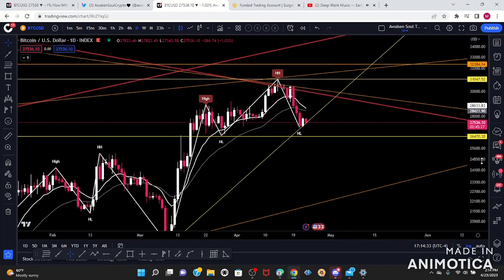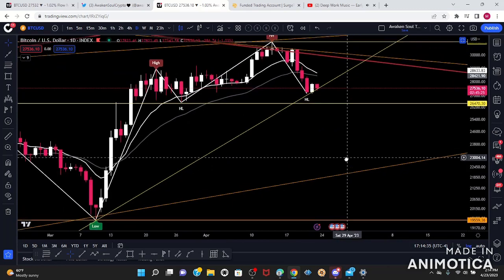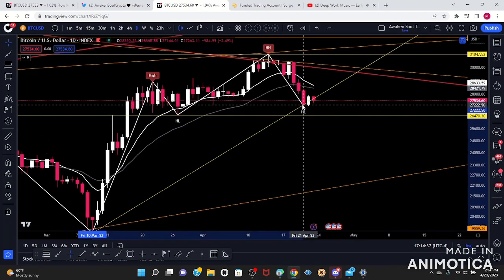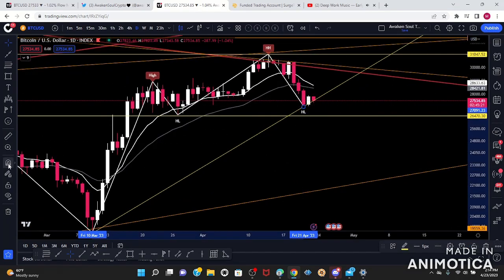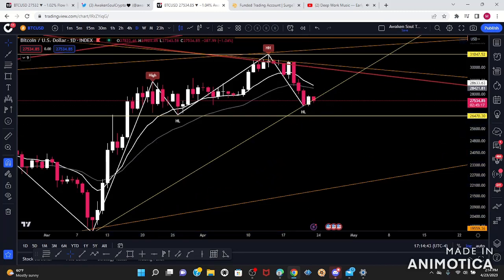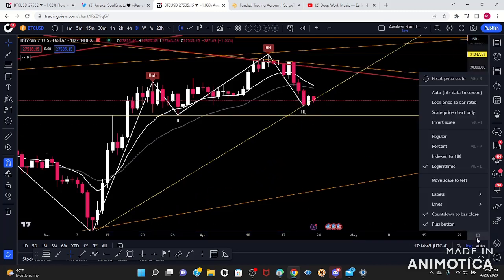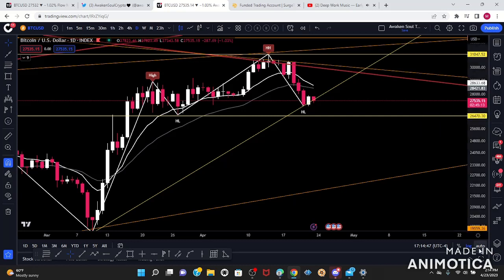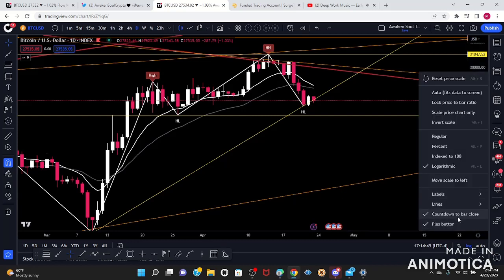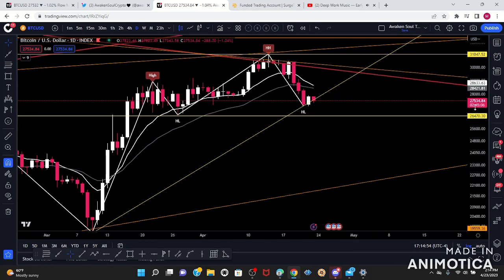Okay, so at this point, if we cross, and when I say cross, I mean a candle close cross. If you don't have the setting, make sure it's on your tools to the right. I have countdown to bar close, and it guides us. We have 2 hours 45 minutes left for this candle close.